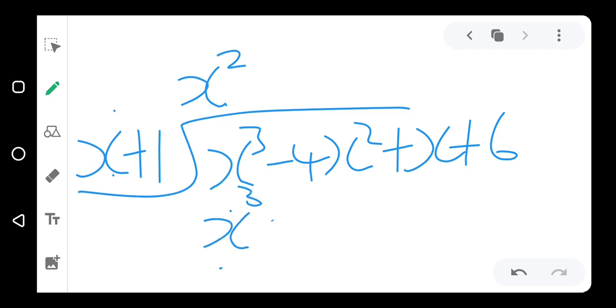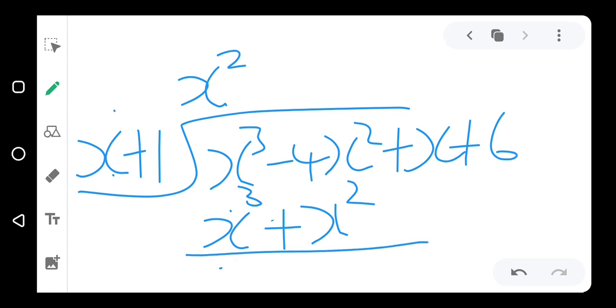We also use it to times the other term, that is 1, so we have plus x raised to power 2. In doing this, we make sure that we put everyone under the right degree. X raised to power 3 must be under the degree 3, and x raised to power 2 must be under the one that has degree 2, which is minus 4x raised to power 2.